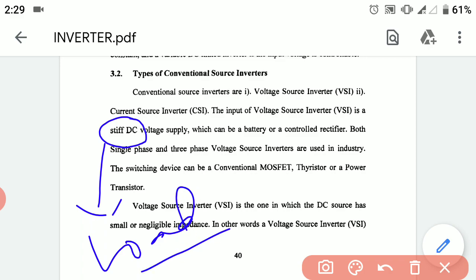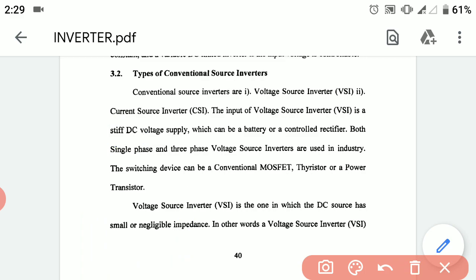That is, there is no effect of variation of load on the input supply. This stiff DC supply can be obtained from a battery or from a controlled rectifier, that is a power supply circuit.